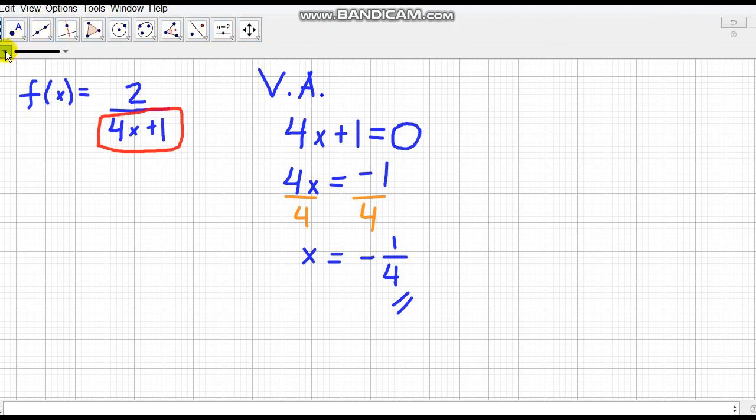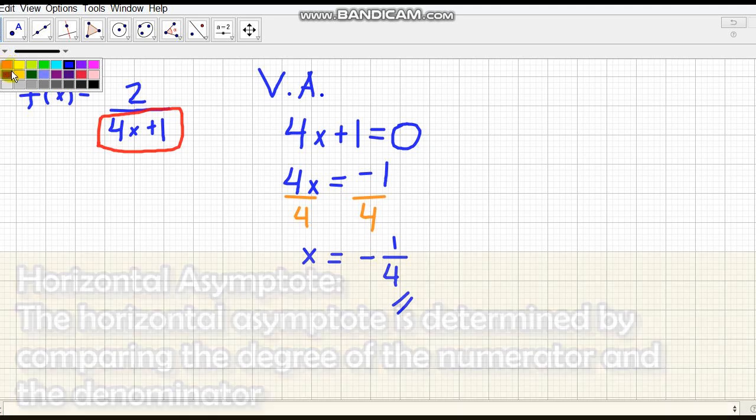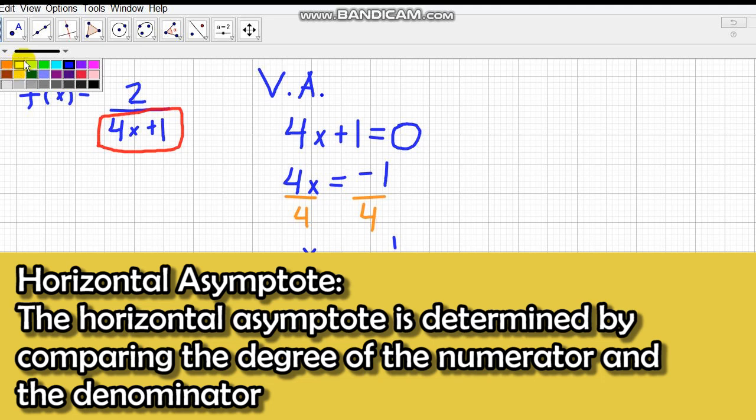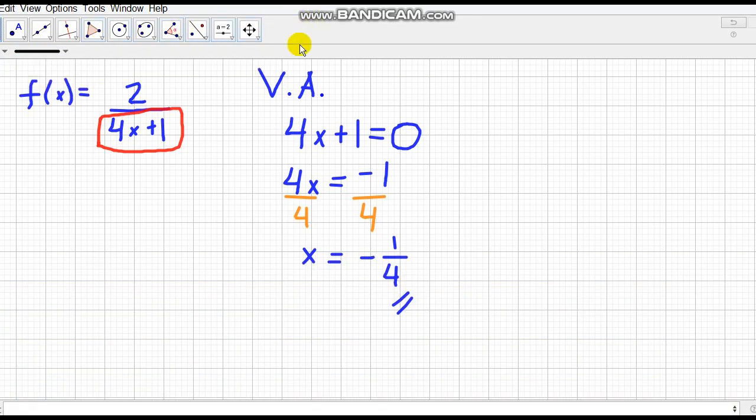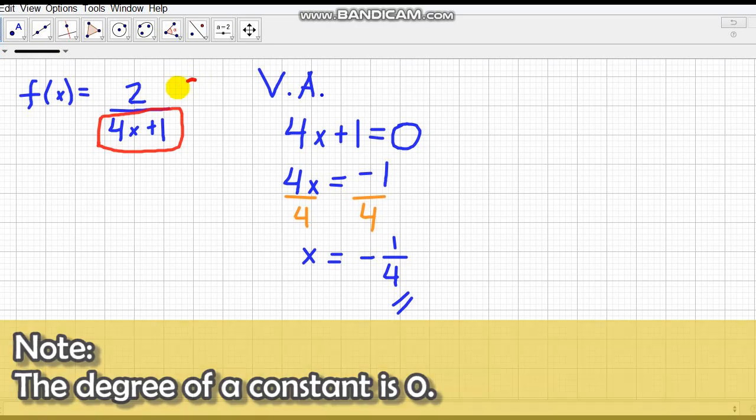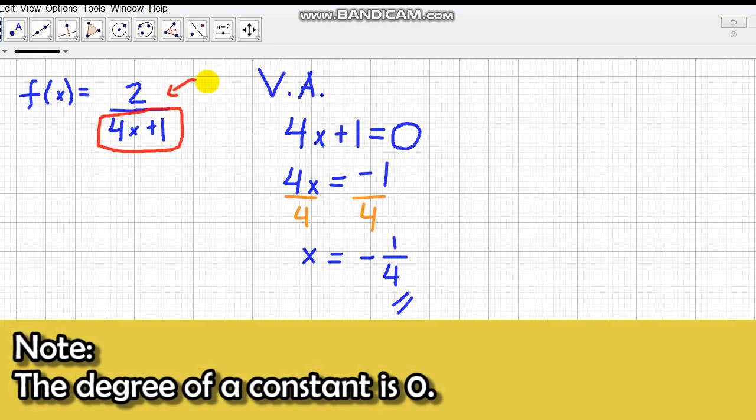Now, to understand the horizontal asymptotes, we have to understand first the degree of the numerator and the denominator. The horizontal asymptote is determined by comparing the degree of the numerator and the denominator. Please remember that the degree corresponds to the highest exponent that a polynomial has. So in our case here, our numerator is 2, so the highest exponent is 0.